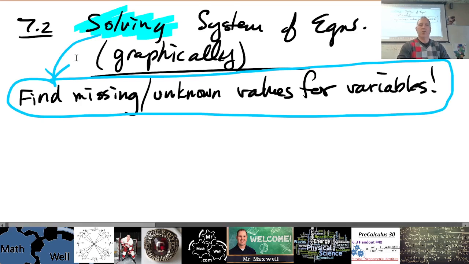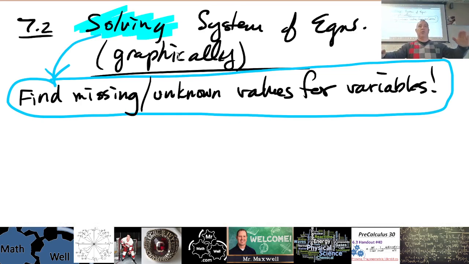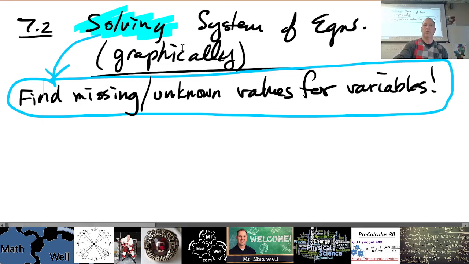All right, so graphically means we are going to literally graph the 2 lines and find out where they cross each other. The fancy word is intersect, where they intersect. So solving the system of equations graphically, what do you mean graphically?